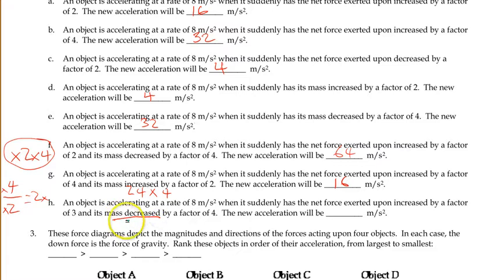The mass is decreased. It's inversely proportional, so it's going to increase our acceleration by a factor of 4. So we're at 24 times 4 for the change of the mass, and that's going to make us 96 meters per second squared. That's about 10 times the acceleration due to gravity. That's a pretty significant amount of acceleration.